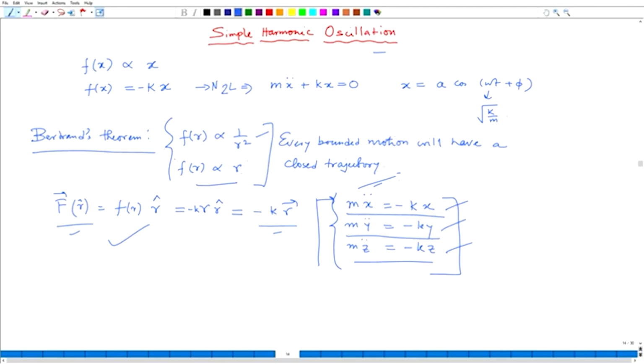But at least we can try to solve this equation, and whether this is 2D or 3D does not change much, because the same solution will be repeated in the other directions.